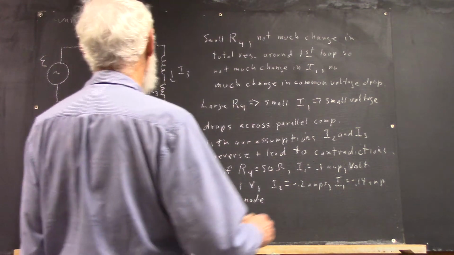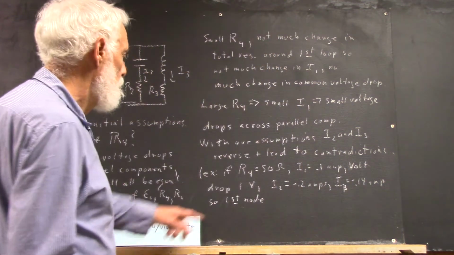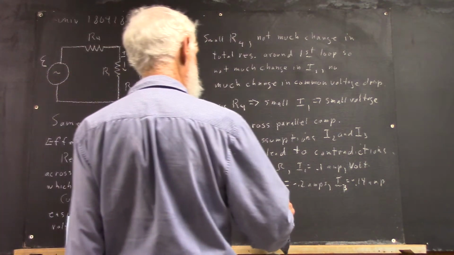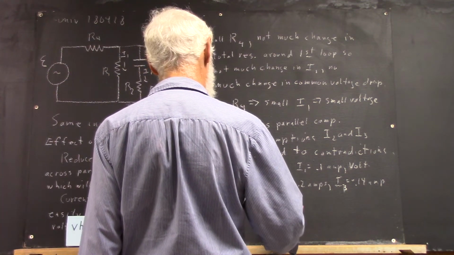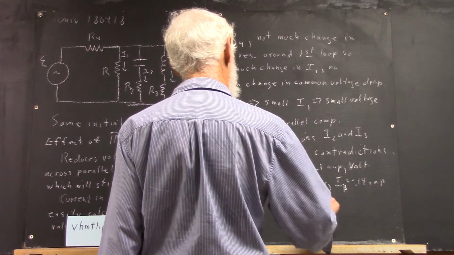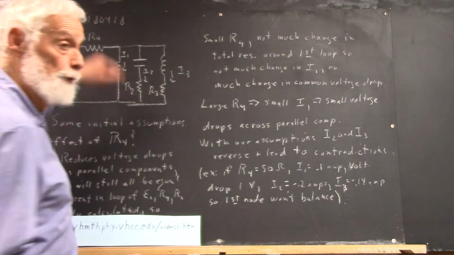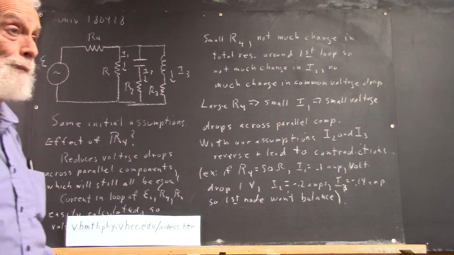Oh, I'm sorry, I wrote I1 and I3. Okay. First node, it won't balance. That is, you're going to get accumulation of charge at the first node, and you can't have that.